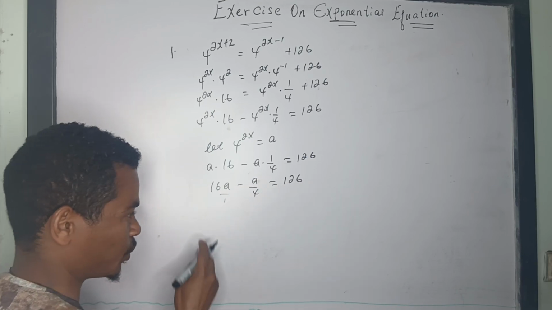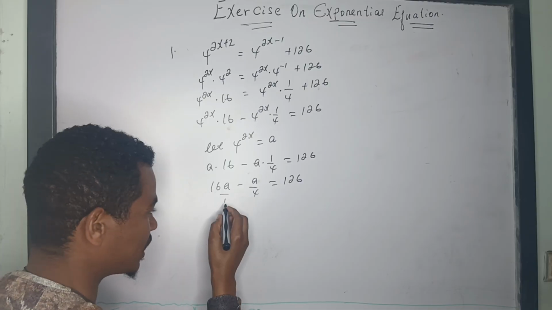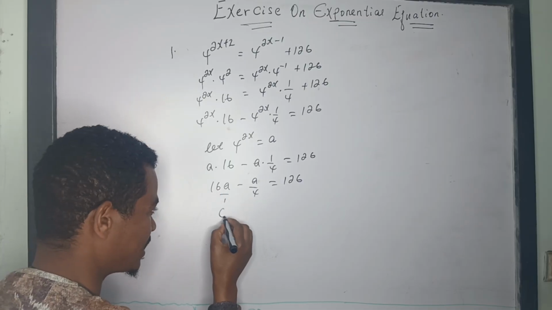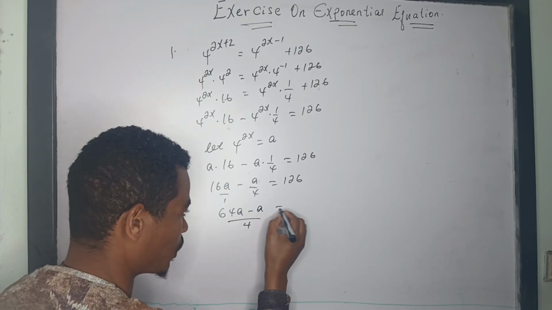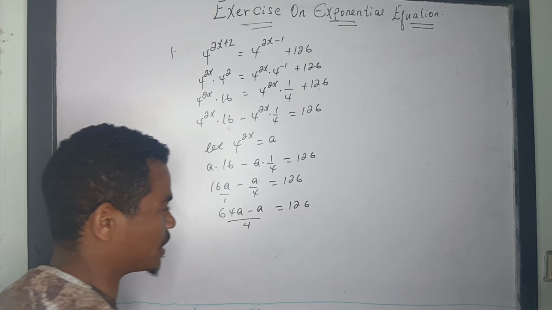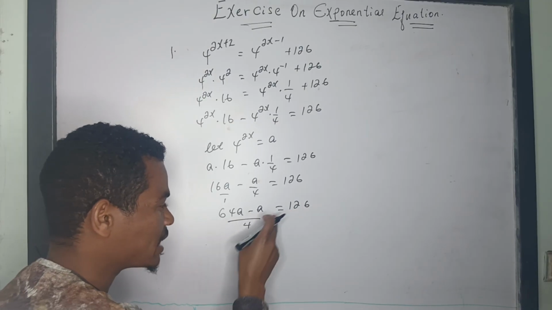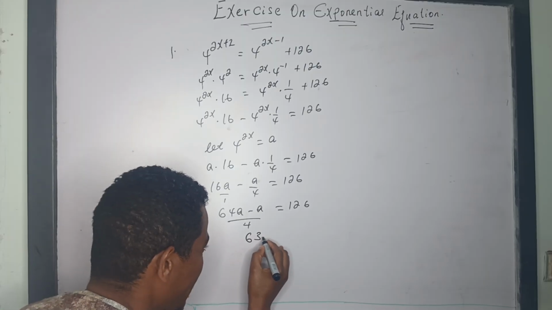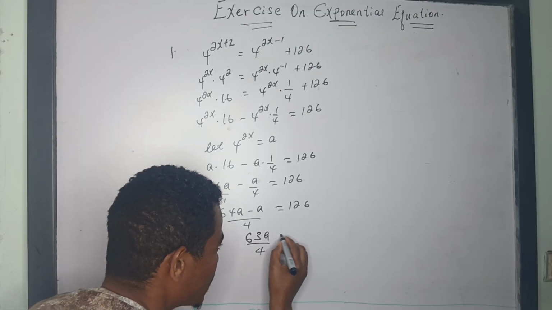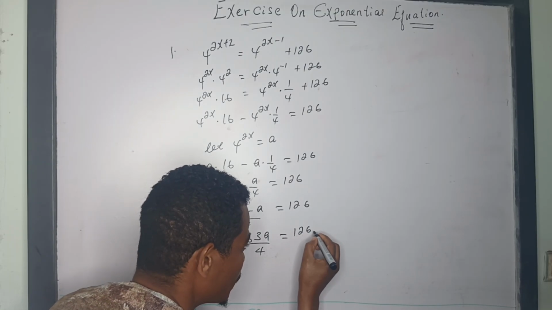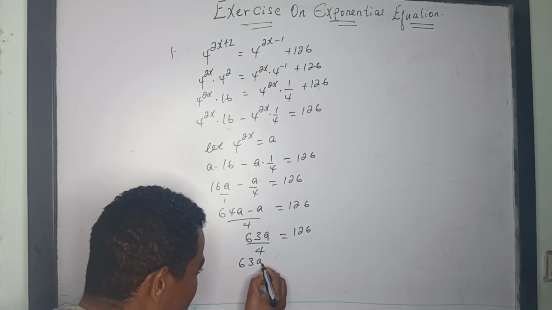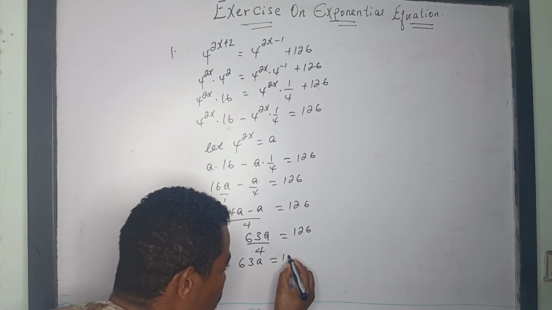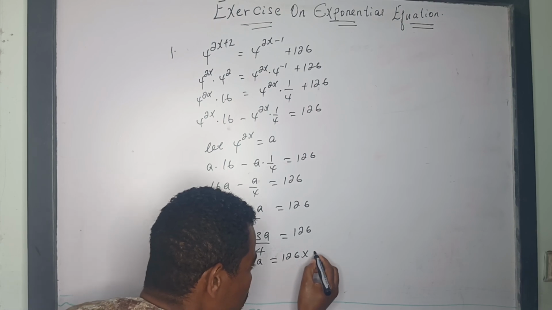Cross multiplying, 16 times 4 is 64a minus a over 4 is equal to 126. 64a minus a is 63a over 4 is equal to 126. So 63a is equal to 126 times 4.